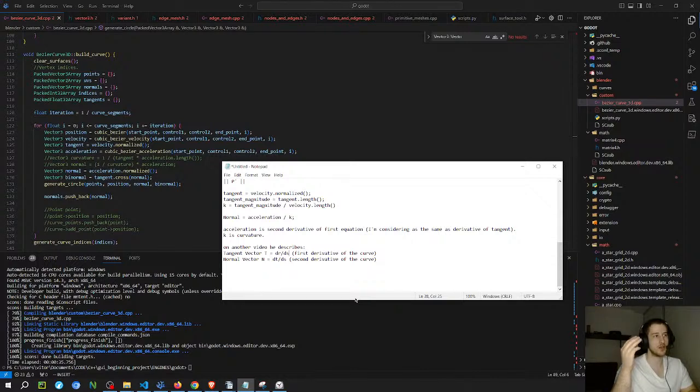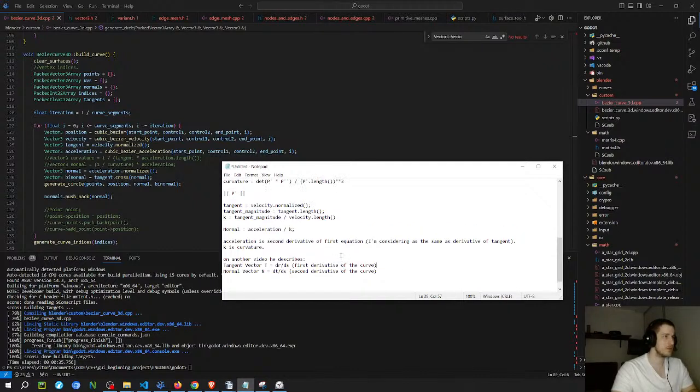Because at some points you use S as the arc length, I think. So this one might be the derivative of the arc length and not the position. So this might be the reason why I'm getting confused there.